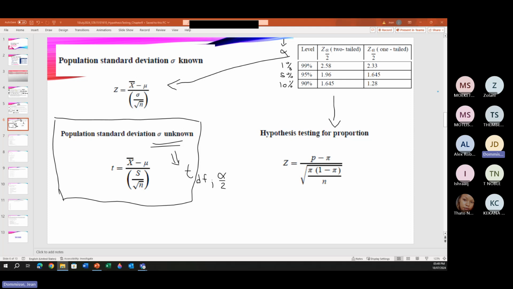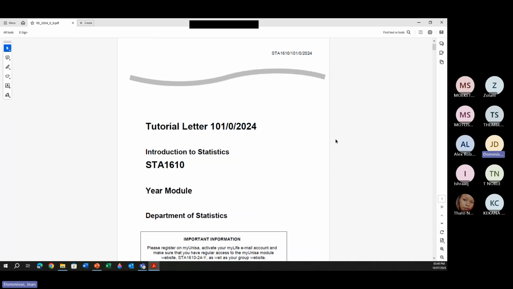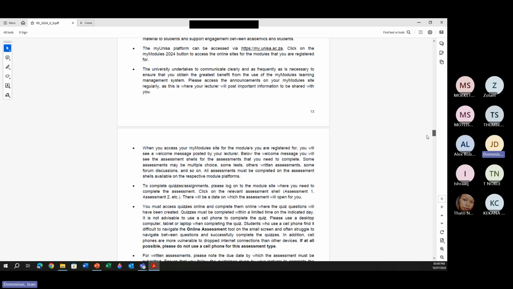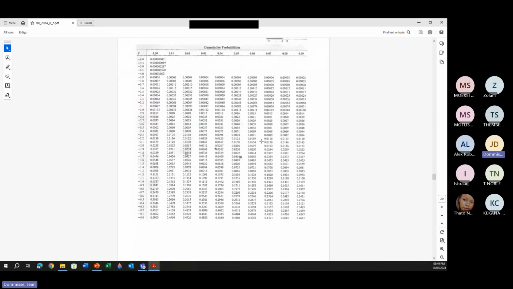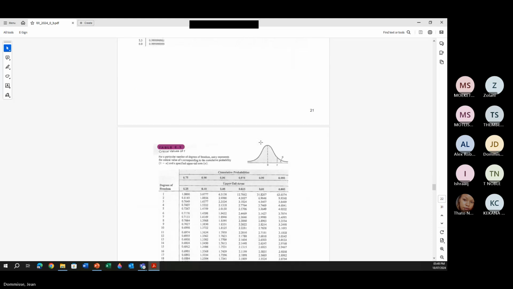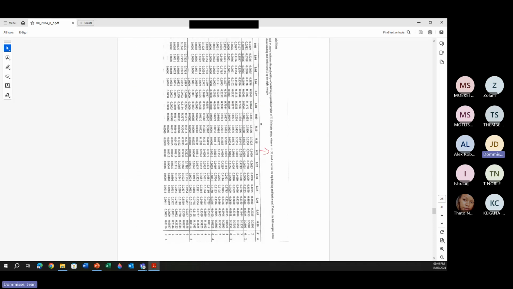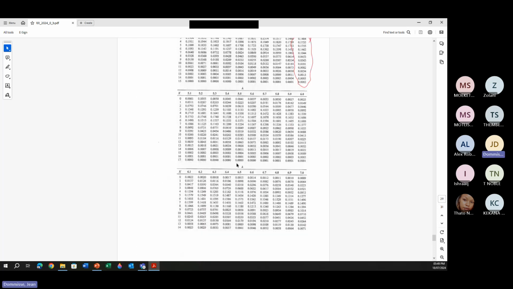And again, if I need to share this with you guys, this was your TUT Letter 101. We go to the end, where all the tables are. So when we get to the T table, I might have missed it.